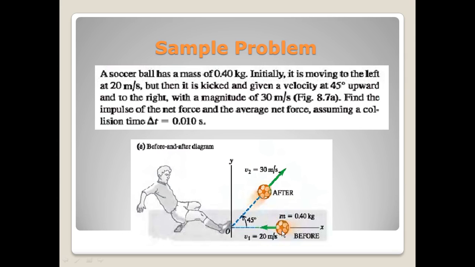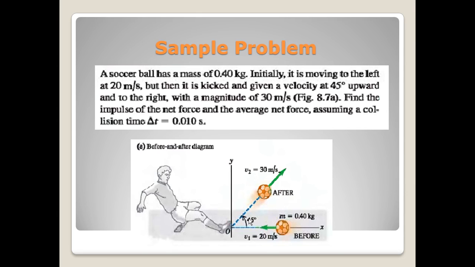So we have here as our initial velocity negative 20 meters per second. Whereas the final momentum would be the component of the 30 meters per second velocity times the mass of the ball along the horizontal. So that means we need to compute for 30 cosine 45.